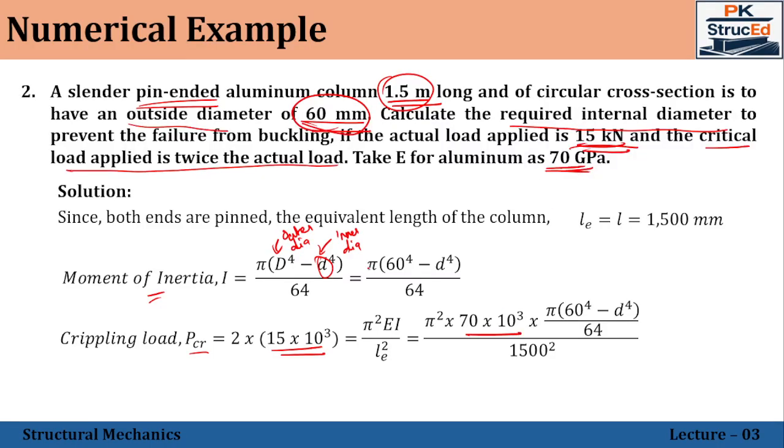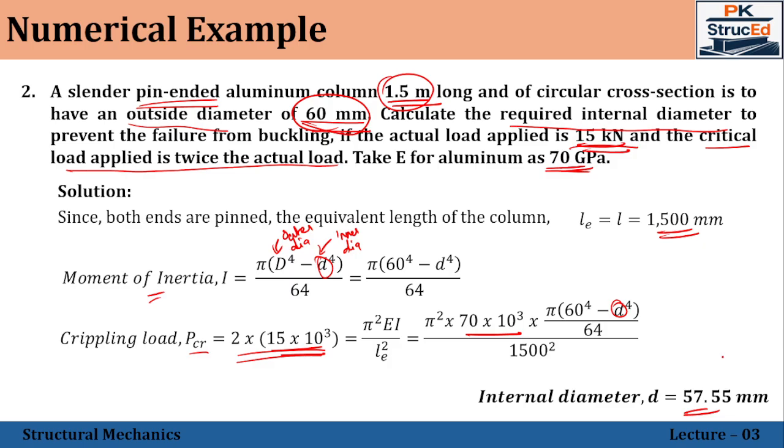Into I, we can write the same thing: pi into 60 power 4 minus small d power 4 by 64, divided by the equivalent length 1500 square. So now the left side is 2 into 15 into 10 power 3. On the right side, everything is known except the small d value. Now solving this one, we can get the internal diameter as 57.55 mm.